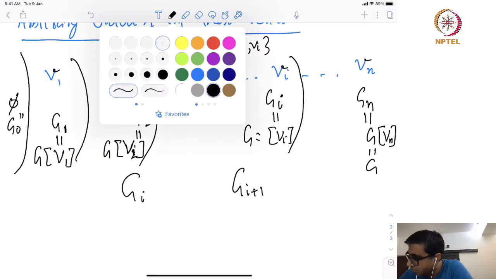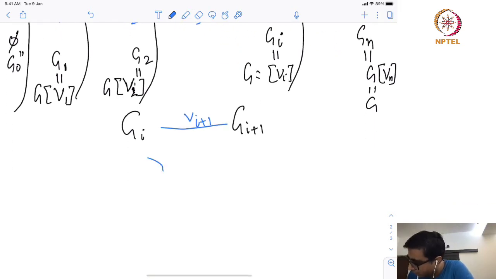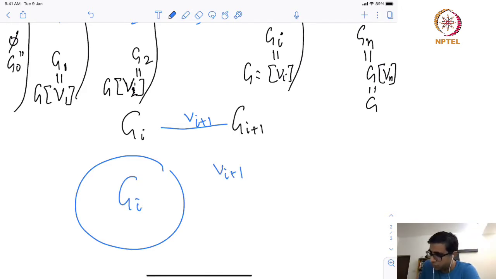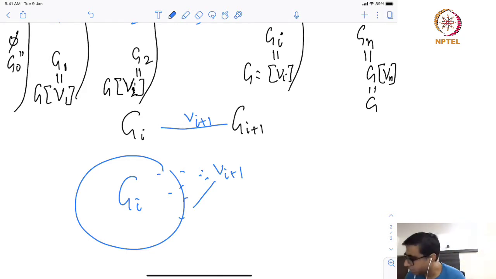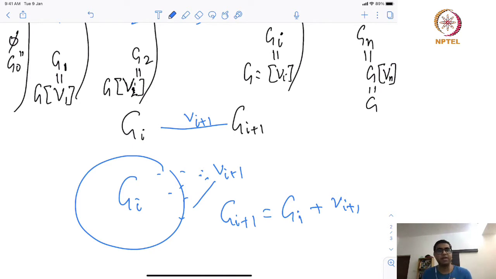The difference is just one vertex, vi plus 1. Here is your Gi, you pick up another vertex vi plus 1 and include it into Gi. So, Gi plus 1 is nothing but Gi plus vi plus 1. This is how we can incrementally build our graph.